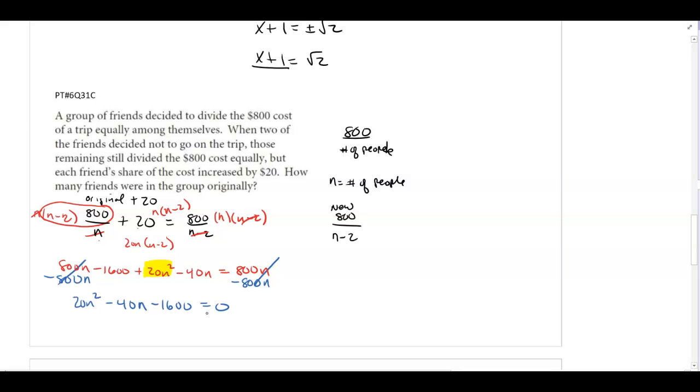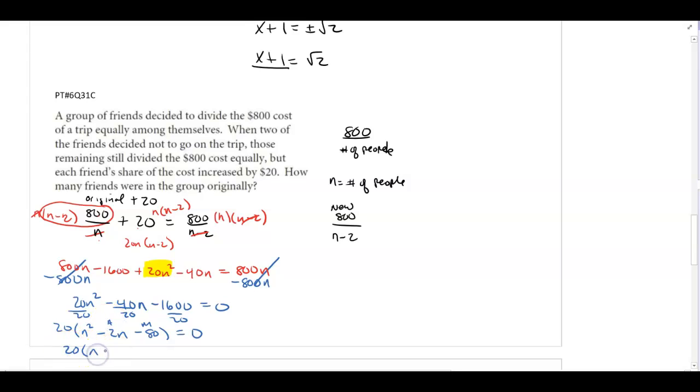So from here, now I could learn to factor this and solve it. I can use quadratic formula or factoring methods such as I'm going to factor out the GCF of 20. That would give me n squared minus 2n minus 80 equals 0. Now, what numbers multiply to give me negative 80 and add up to negative 2?